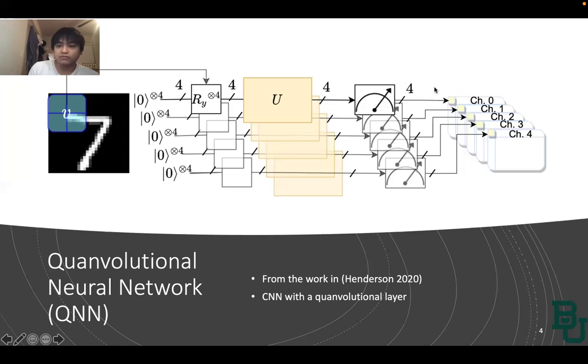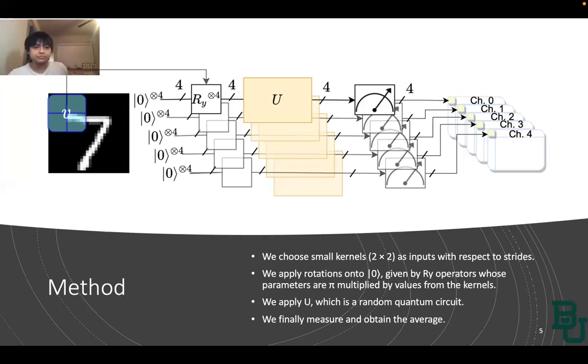All right, so this is a quanvolutional layer. It works like a convolutional layer. Let me explain this step by step. First, it has five quantum circuits, which means it has 5 filters, and each filter gets a kernel from the image and feeds it to a rotation gate, the Y rotation gate, in the quantum circuit.